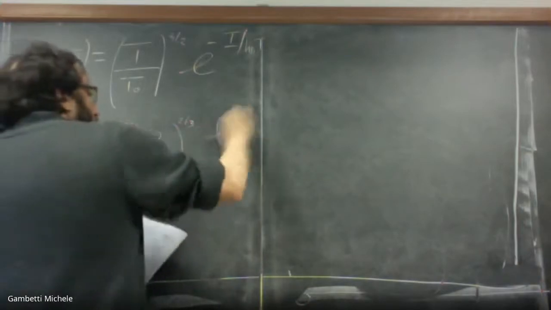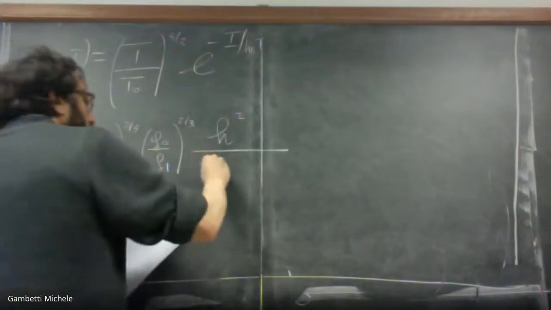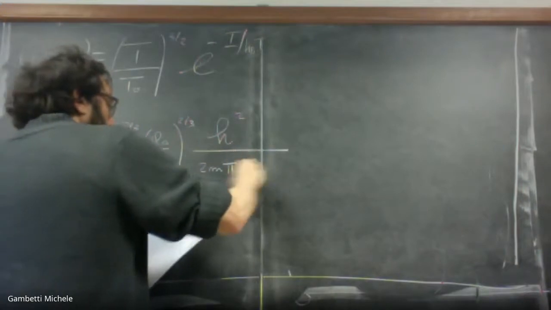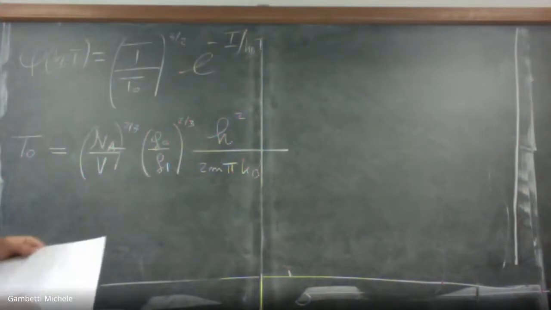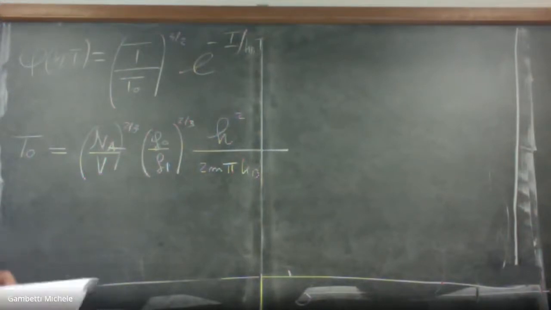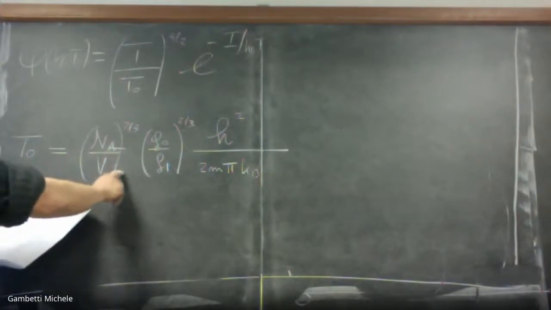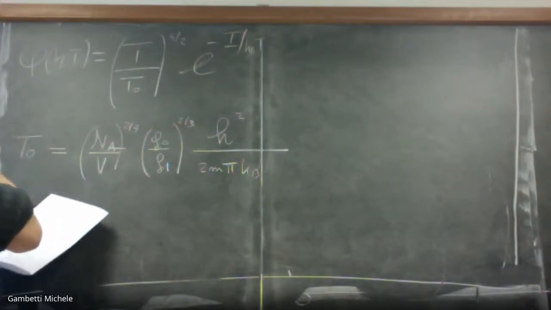Then I have h squared, then 2 pi kB, which was to the power of minus 2/3 and to the 3/2, and therefore I have this h squared divided by 2 pi m kB. Okay, so this should be the right formula for T0. Let me check if I have everything there.